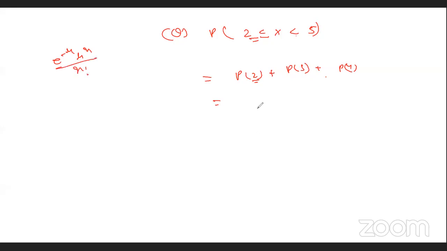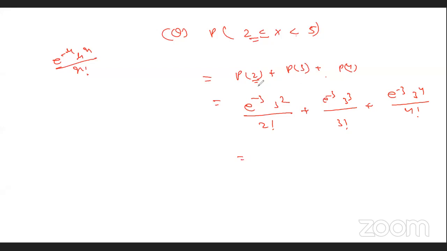So I write e to the power minus 3, 3 to the power 2 divided by 2 factorial, plus e to the power minus 3, 3 to the power 3 divided by 3 factorial, plus e to the power minus 3, 3 to the power 4 divided by 4 factorial.